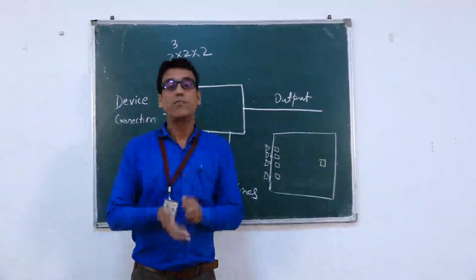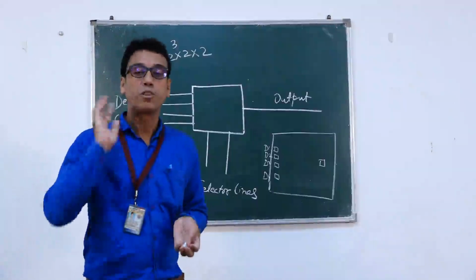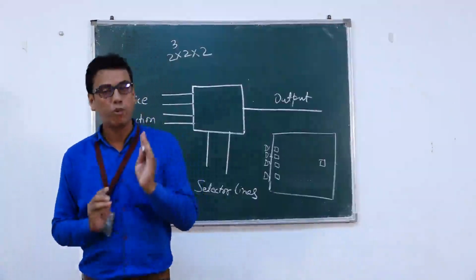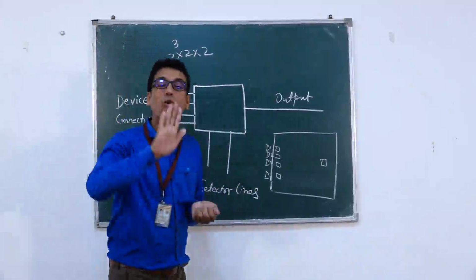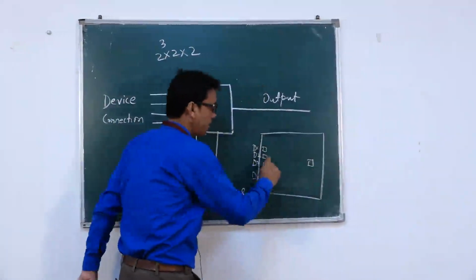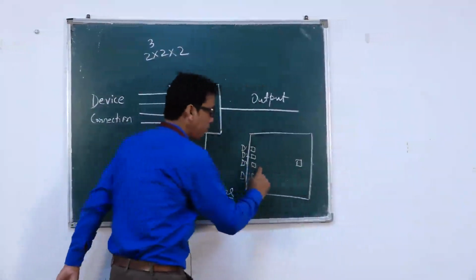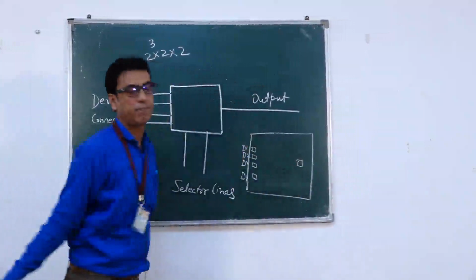The designer of the computer architecture has 2 design possibilities. The first design possibility is to lay down 4 separate wires: the first wire for this device, the second wire for this device, the third wire for this device, and the 4th wire for this device.